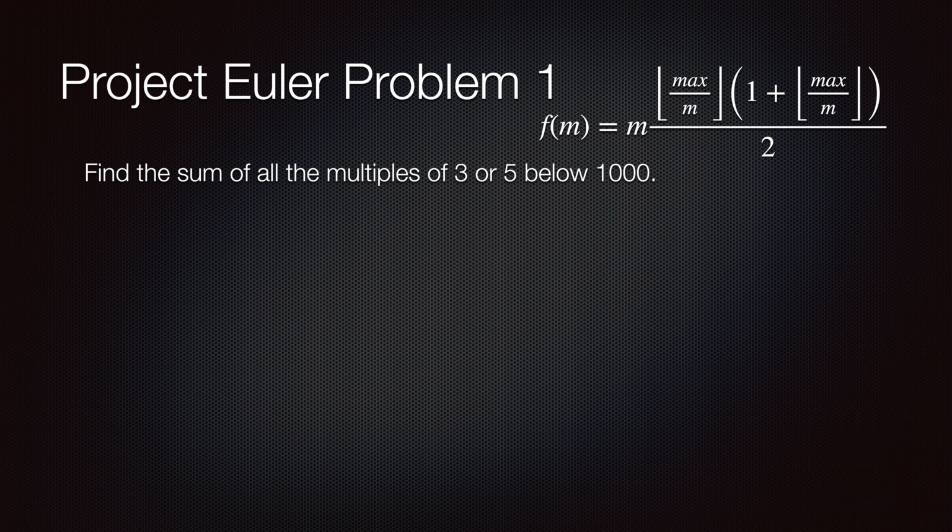Let's start by defining our max. Reminder, we're looking for multiples below 1,000. Now let's define a function f that takes one parameter, m.